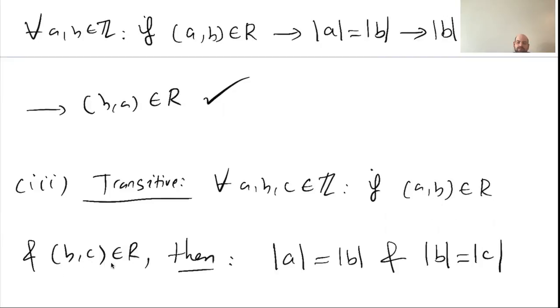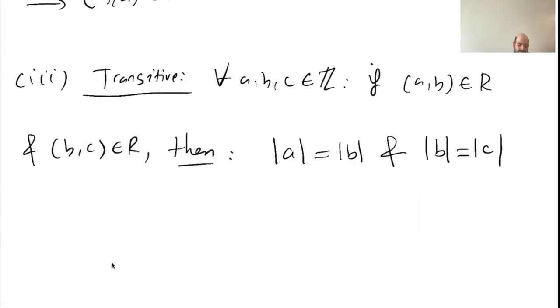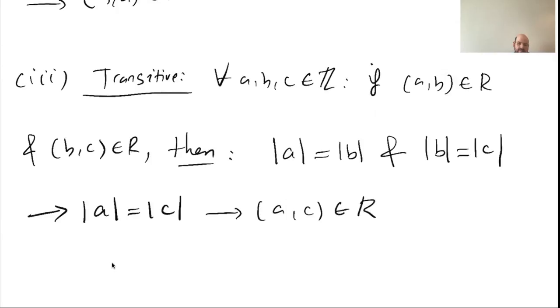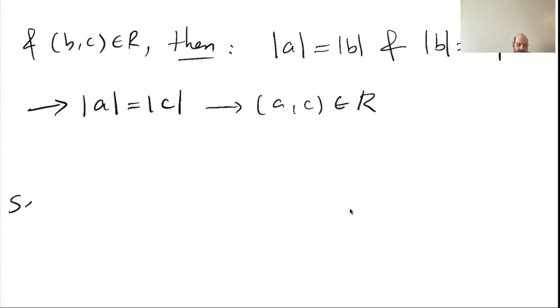So these two together imply that |a| equals |c|, and that means (a, c) is in R. That's it. So we showed that if (a, b) is in R and (b, c) is in R, then (a, c) is in R. So that means the relation is transitive.